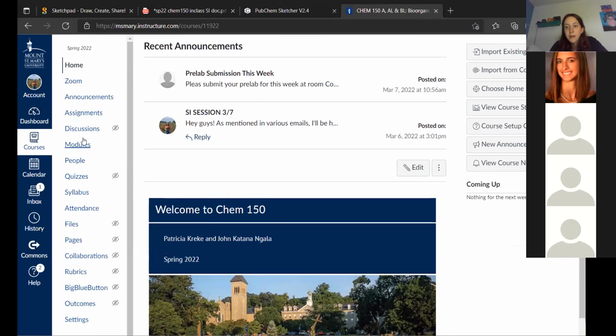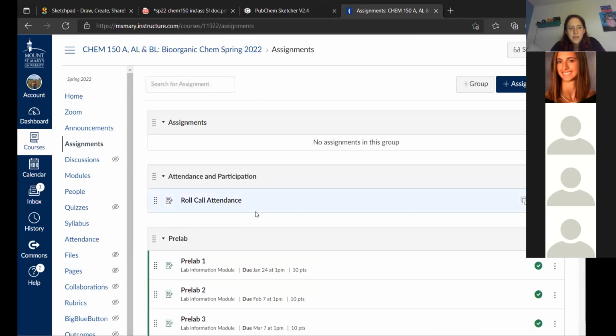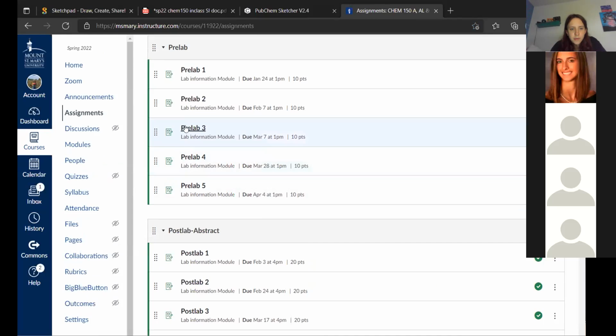And again, remember, you can drop that off to Nagala, either at his office, or I think it said room 201 in Code. I'm not exactly sure which room, but I know that he posted that on Canvas. So let's look at this pre-lab.